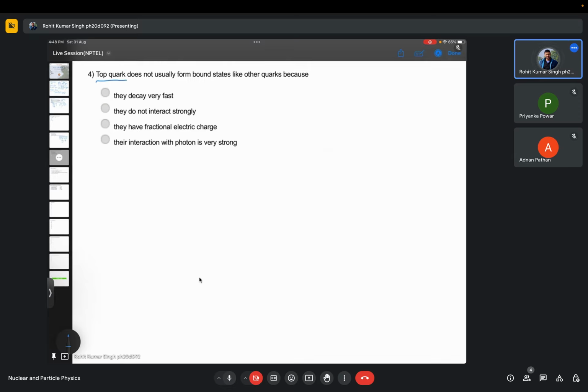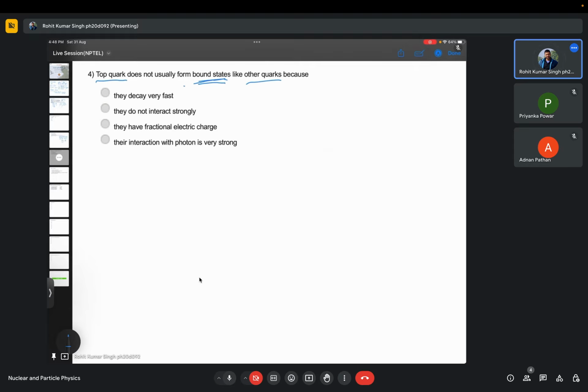So the top quark does not usually form bound states like other quarks. This is the reason we have the precise mass of top quark, because it does not form bound states.